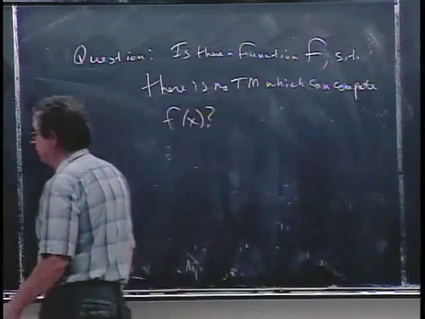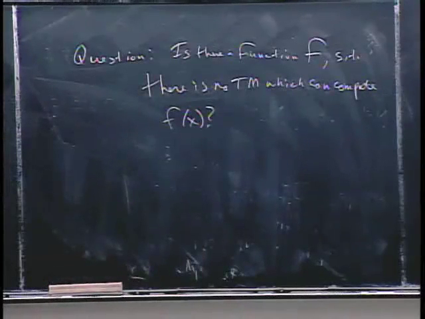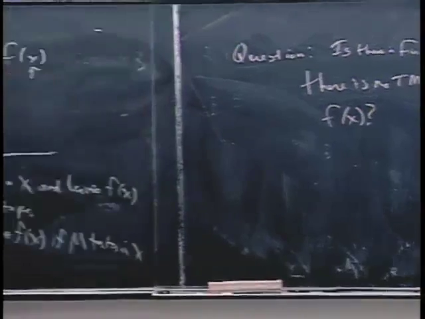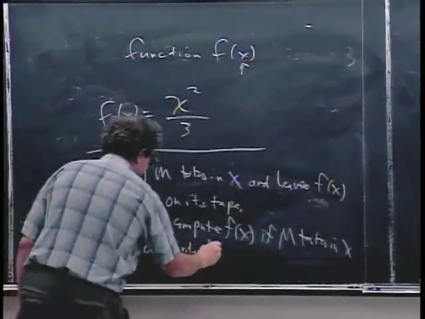And what does it mean to compute? Here it means this. So Turing machine M computes f of x if M takes in x and writes ultimately f of x.